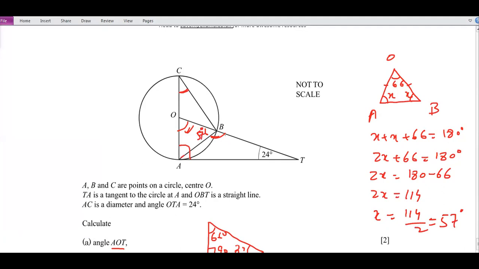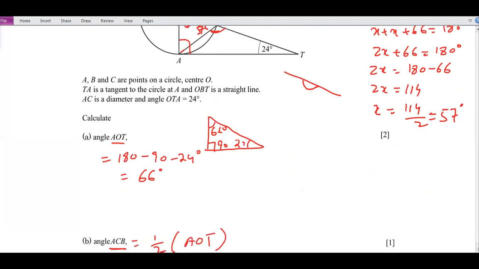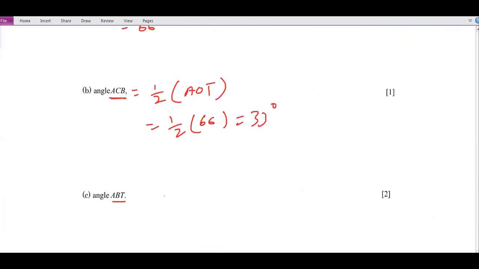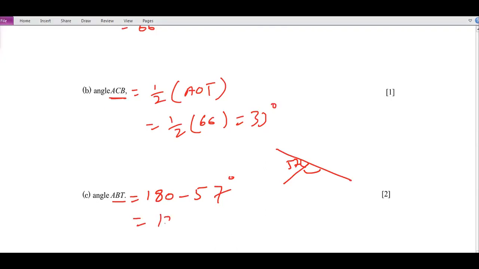Now if this is 57, then with the line, the total is 180. Remaining is ABT. So ABT will be 180 minus 57, that is 123.